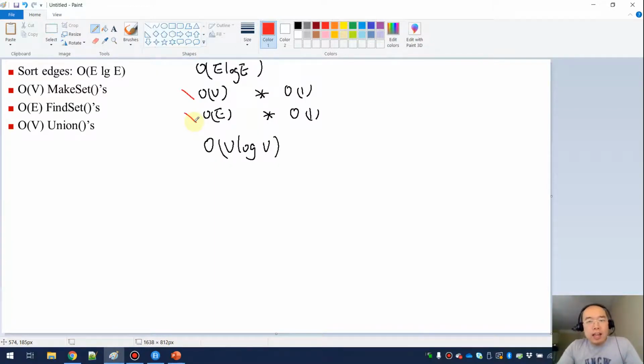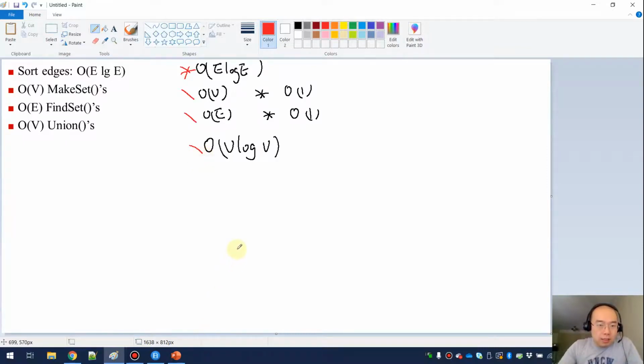Are we going to have more edges or more vertices? Usually we have more edges, right? So this one will be the most significant part. That's the reason we say that the Kruskal algorithm is an O(E log E) algorithm.